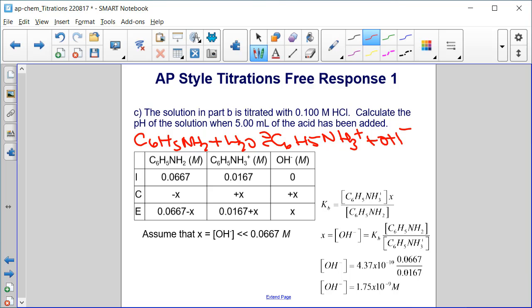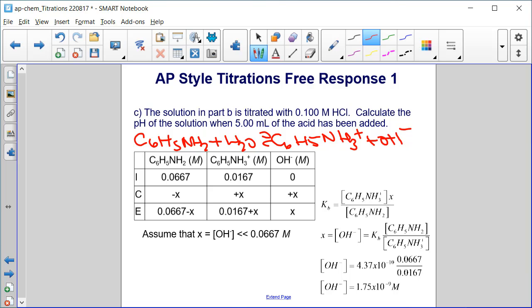Right? And so we have to reestablish our equilibrium. So here's our initial concentrations of base and acid. We'll consume some of the base and produce some of the acid and some of the hydroxide to get these final equilibrium concentrations.